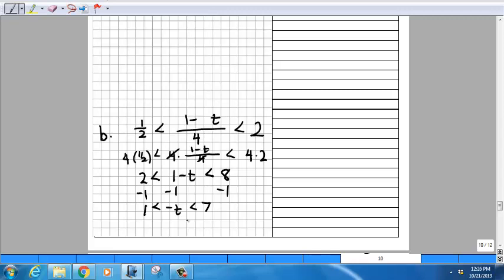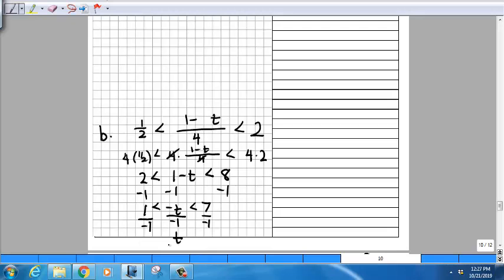Negative 1, right. Not 1, but negative 1. Because you want to get rid of the minus sign. If you just divide by 1, you don't change anything. But I want to divide by minus 1.